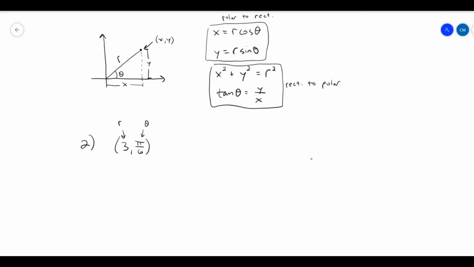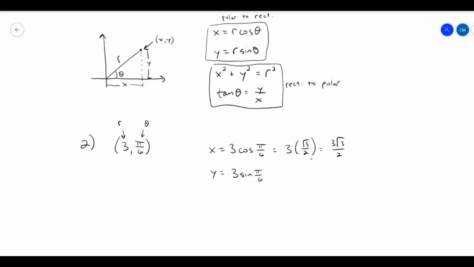If I want to know the corresponding x, y values, x is equal to r cosine theta. So that's 3, and cosine theta is root 3 over 2, so you get 3 root 3 over 2. The y coordinate of that same point will be r sine theta.